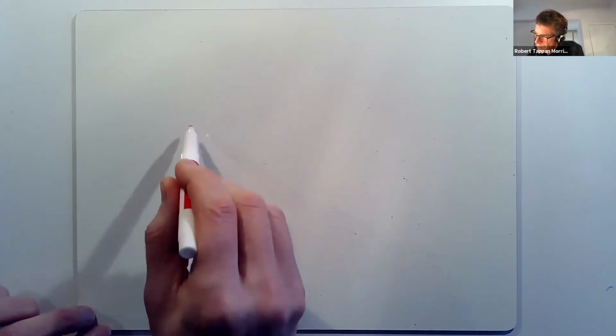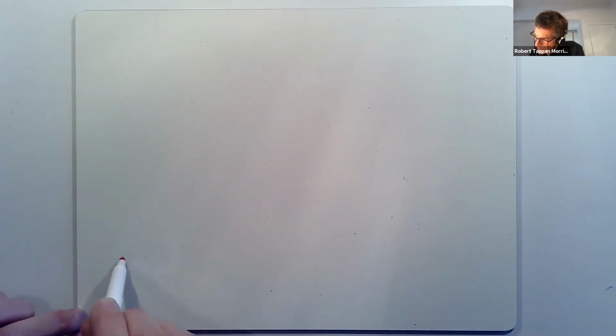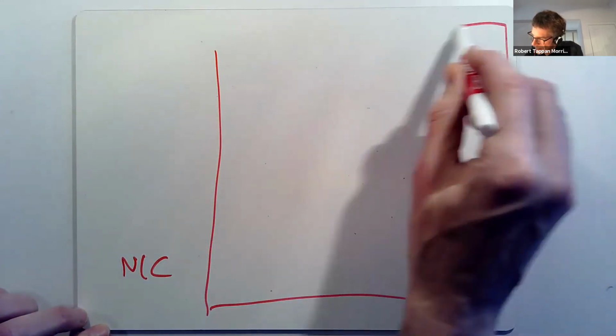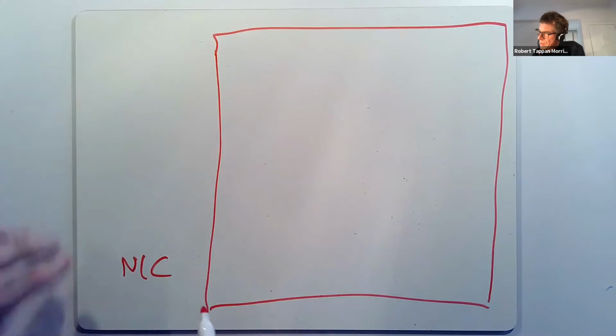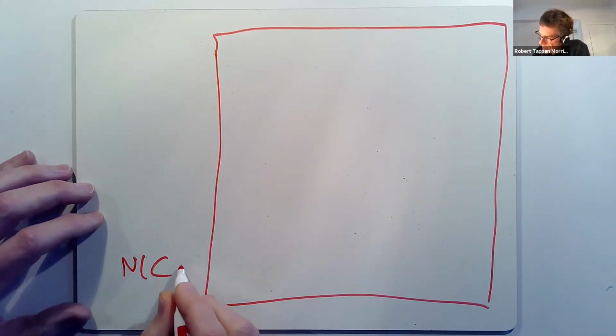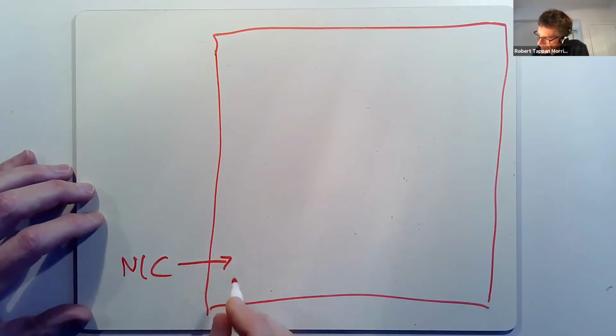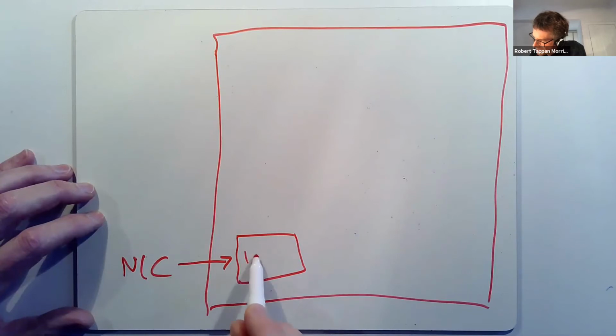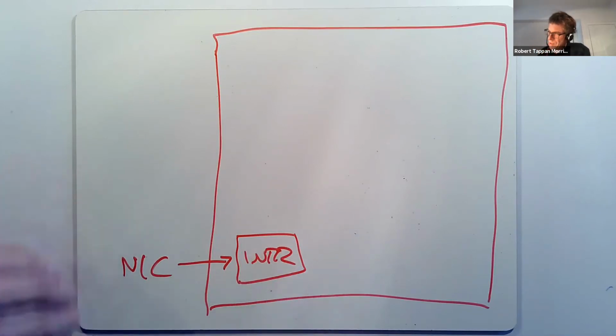So again, we have a network interface card, and then we have the kernel. A classic arrangement is for the NIC, when it receives a packet, to generate an interrupt. There's an interrupt routine that gets triggered whenever there's an interrupt, and its job is to get the packet from the NIC.